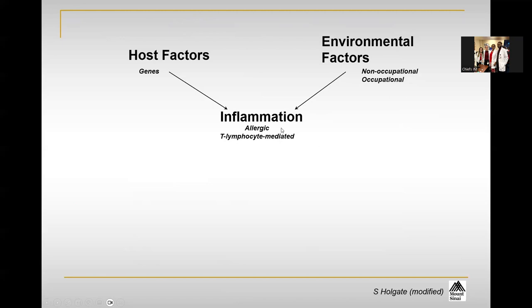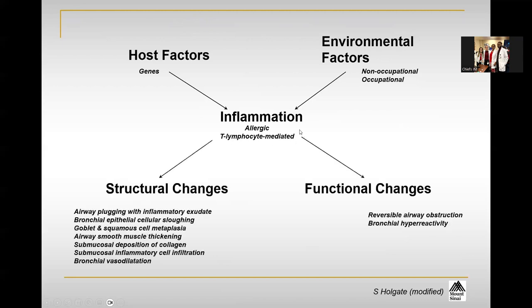And then they drive an inflammatory process in the airway that has a certain number of characteristics. It has allergic pathways and T lymphocyte activated mechanisms that eventually lead to the structural and functional changes that make asthma recognizable. They are listed here.